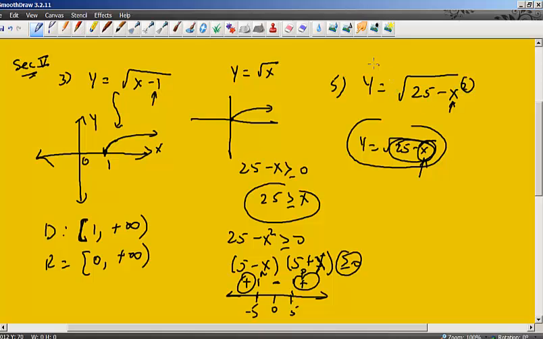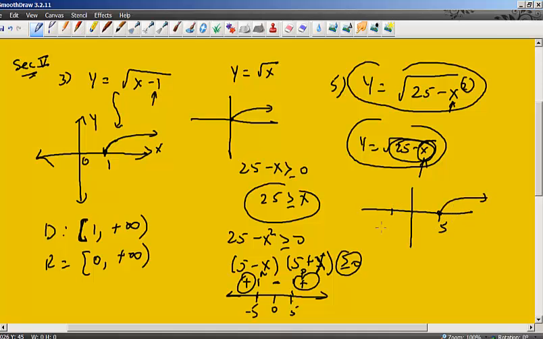So this is still a square root function, and it will look like this: 5 to the right, and -5 to the left. So you really get two of these. That's y, and that's the x-axis. Let's state the domain and the range.